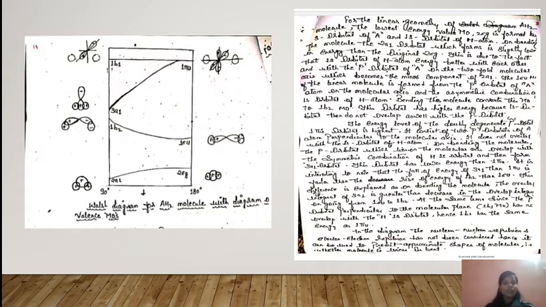I am explaining from the beginning about this diagram. We are taking an example of a triatomic molecule, that is the AH2 molecule: one A and two H atoms. First the two 1s orbitals of the hydrogen atoms overlap with the 1s orbital of the A atom in a linear way, and this orbital is denoted by 2σg.